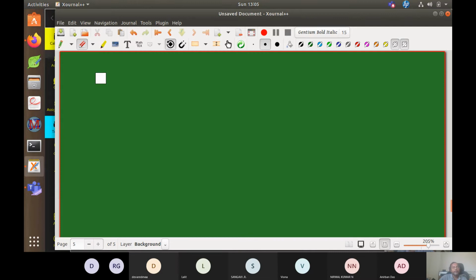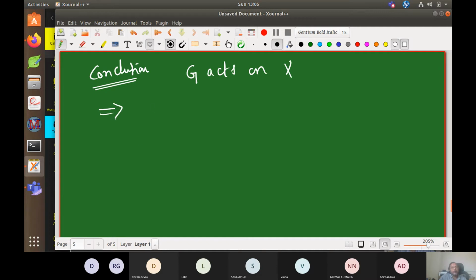So new page. So again, conclusion. G acts on X implies for every G belonging to G, Fg belongs to the symmetric group of X, right?